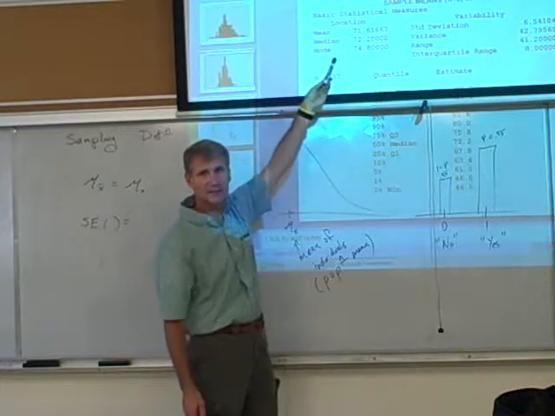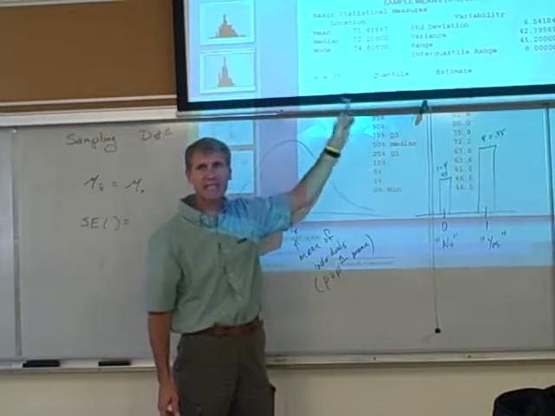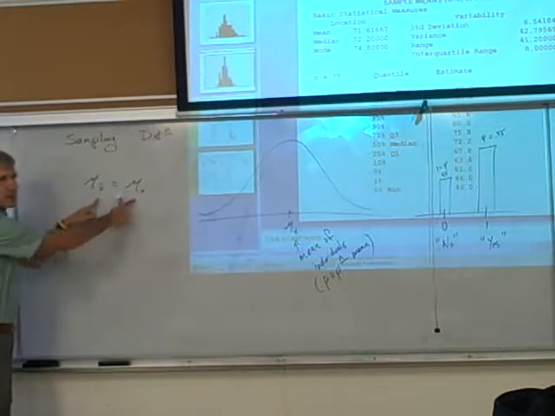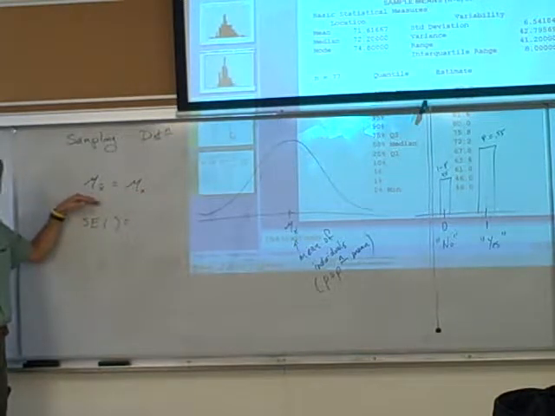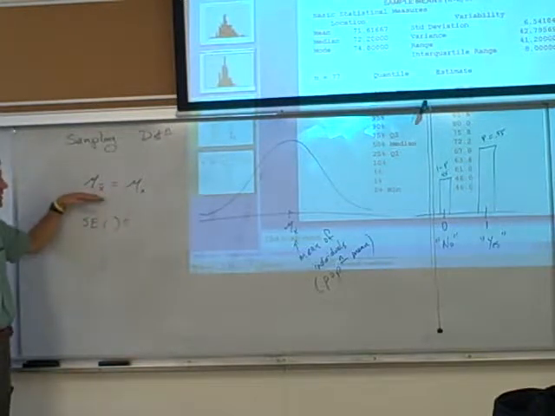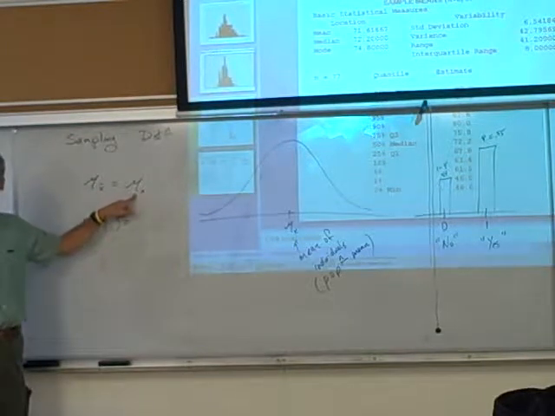Look at the mean. 71.6166. The same exact number. Okay? So this is true. The mean of the means is the population mean. Another way to say it is the sampling distribution for x bar will be centered at the population mean.